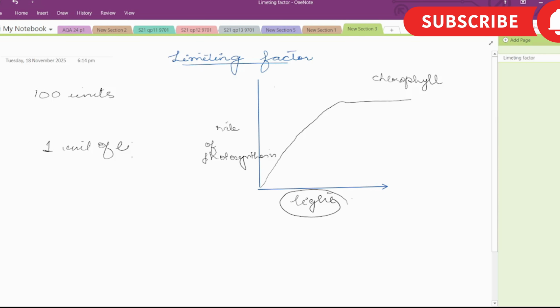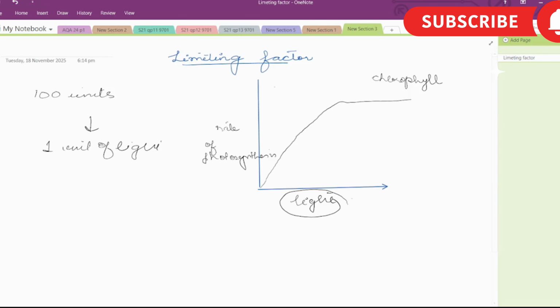So only 100 units of light can be absorbed. If we are giving 200 units of light, the other 100 units cannot be used, because we have a limited number of chlorophyll. So this is why we say light is not a limiting factor here, but some other maybe.